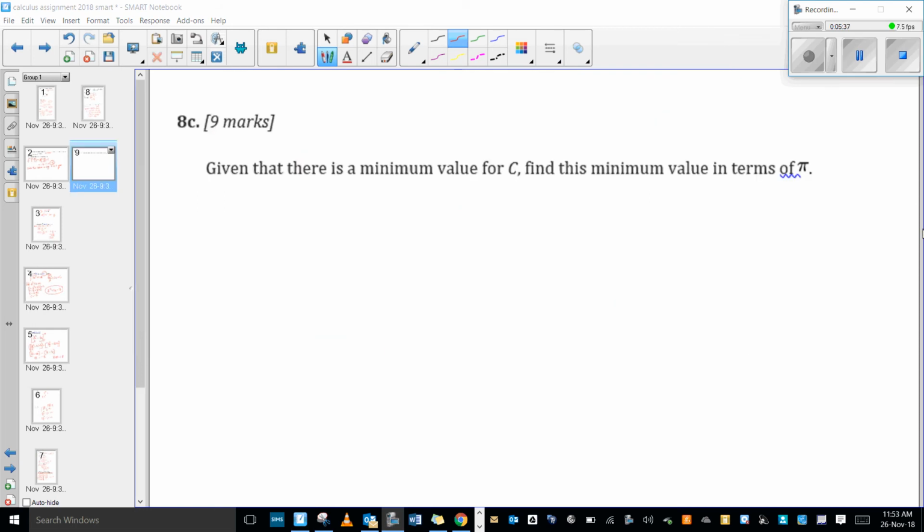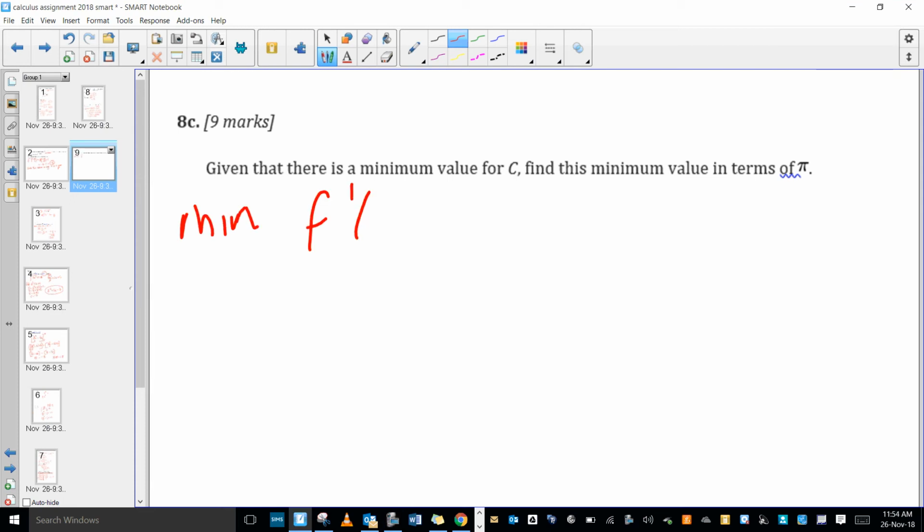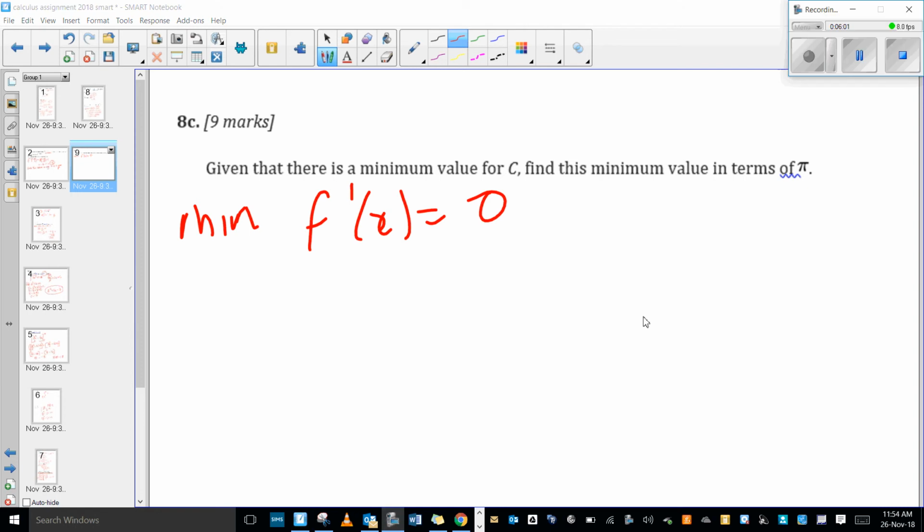Right, given that it's a minimum, find this minimum value in terms of pi. So there is a minimum value for C. Minimums or maximums occur when the derivative is 0. So we need to find the derivative of C. Okay, so just copy the expression again.